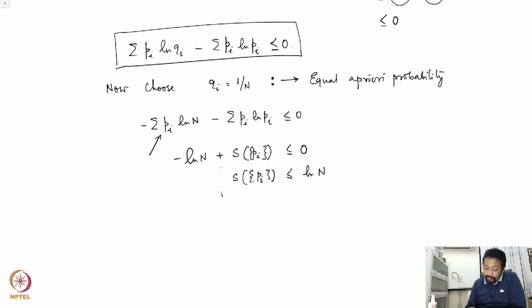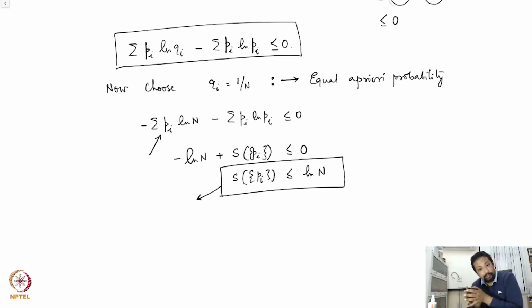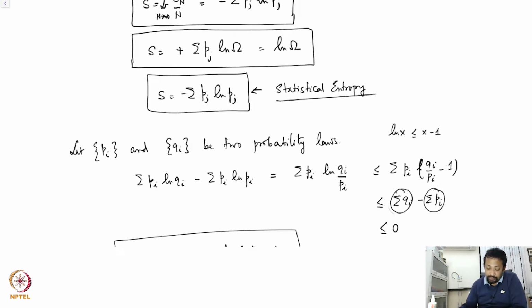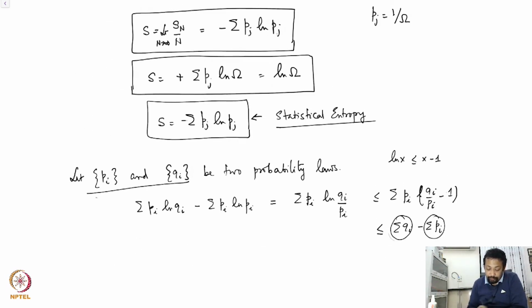Therefore, there is an upper bound to the statistical entropy that we have calculated, and the upper bound corresponds to the case where all probabilities are equal. All the outcomes are equally likely. One has to be careful that the number of outcomes is the same for both these probability sets.